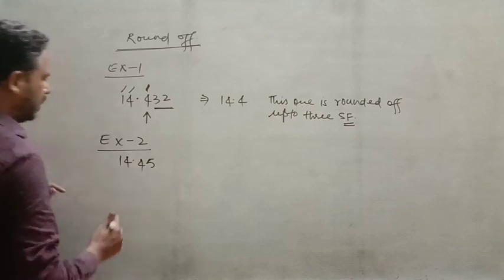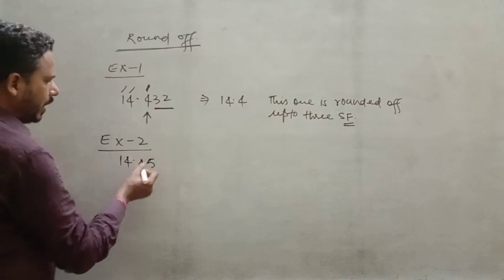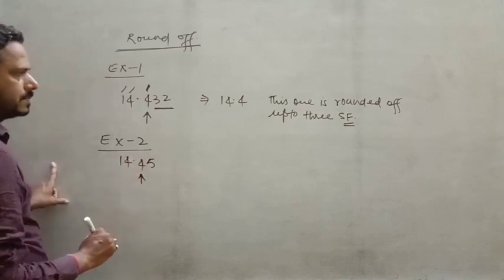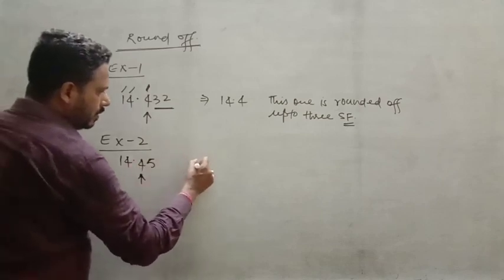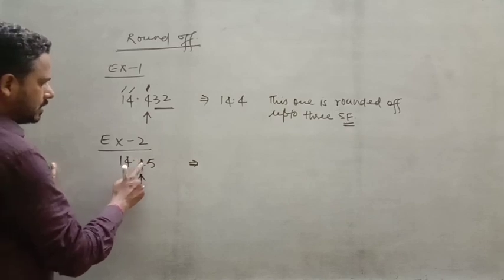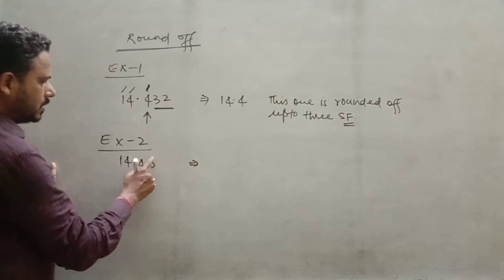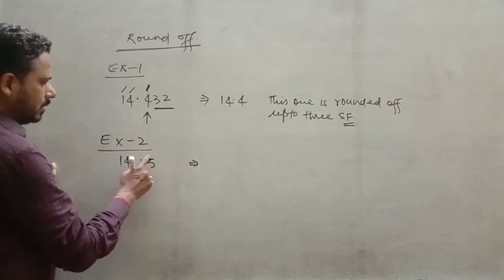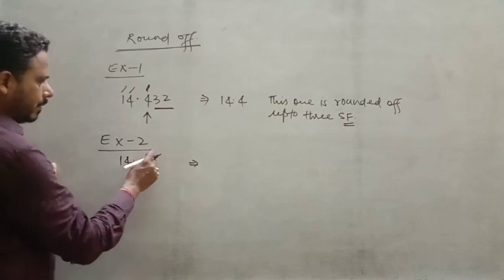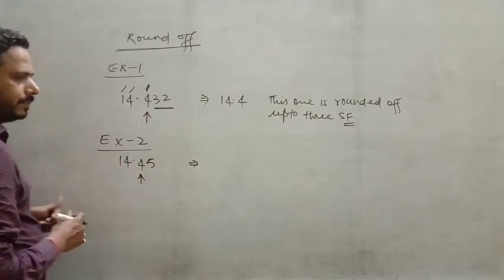So if it is 14.45 and I want to round off up to 3 significant figures, then your answer would be, because this 4 is an even number and the next number is 5, but this one is just half.